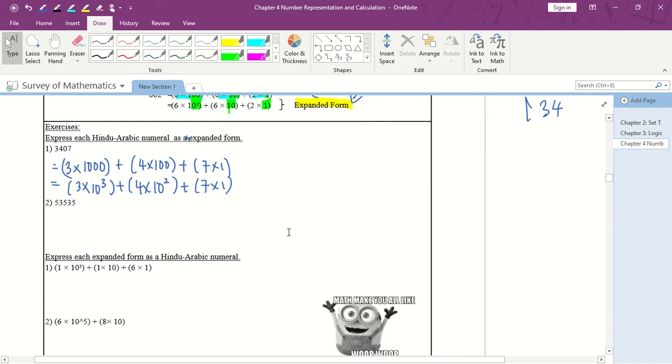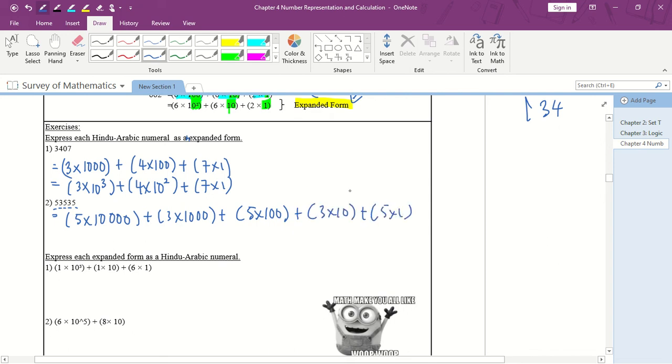And the next one. 53535. What we're doing here is, of course, again, we will expand it. So 53535. 1, 10, 100, 1000, 10,000. So 5 times 10,000 plus 3,000. So it'll be 3 and 1,000. 535.